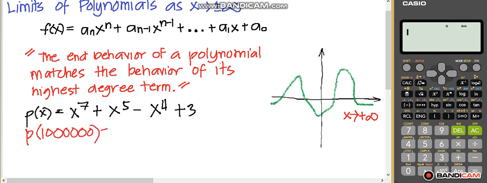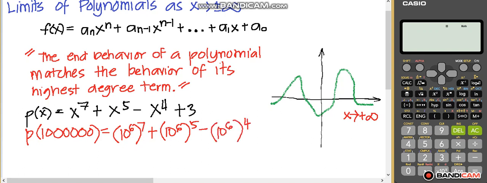O di ang gagawin natin, pasok mo na value ng x is 1 million. Tama ba? Or simply that's 10 raised to 6. 10 raised to 6 is 1 million, ha? 10 raised to 6 raised to 7 plus 10 raised to 6 raised to 5 minus 10 raised to 6 raised to 4 plus 3. Para mas mabilis, pasok na lang natin sa calculator.